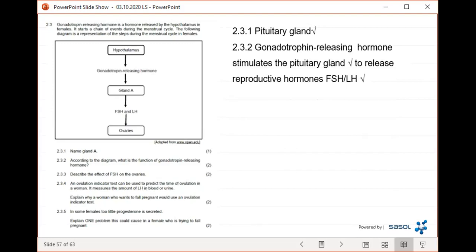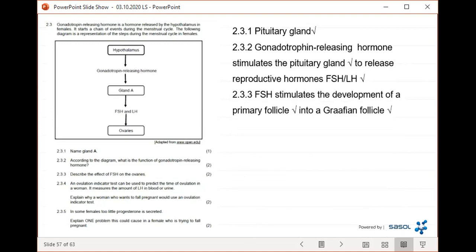And you would get your 2 marks for just mentioning that. Then question 2.3.3. Describe the effect of FSH on the ovaries. And we have been mentioning this. It stimulates the development of the primary follicle into a Graafian follicle, and you get your 2 marks.